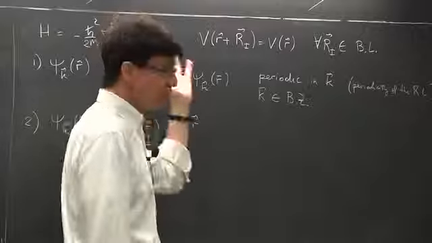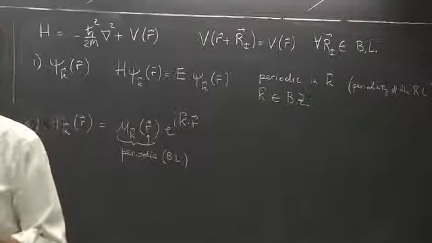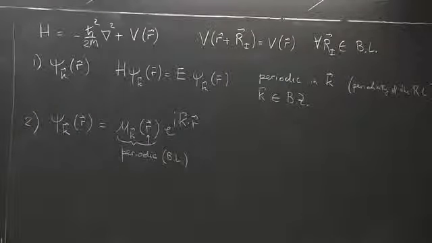Now, if a Hamiltonian has a symmetry, do the corresponding wave function solutions of that Hamiltonian have the same symmetry or not? Are you all familiar with this statement? Let me ask your friends.